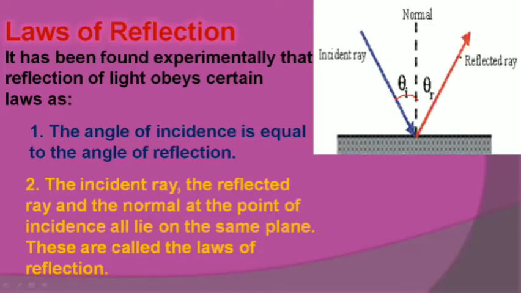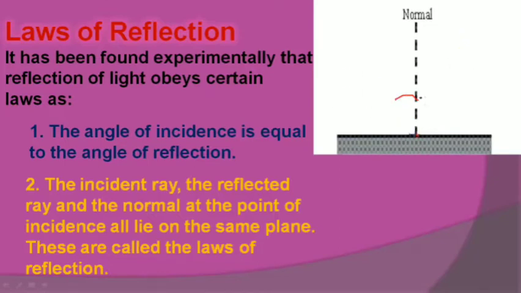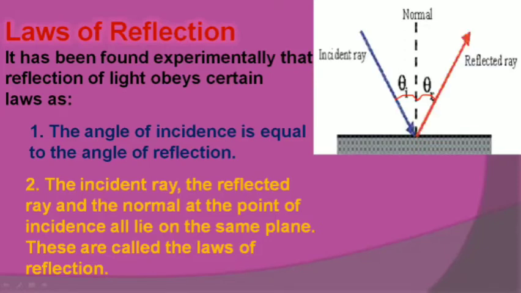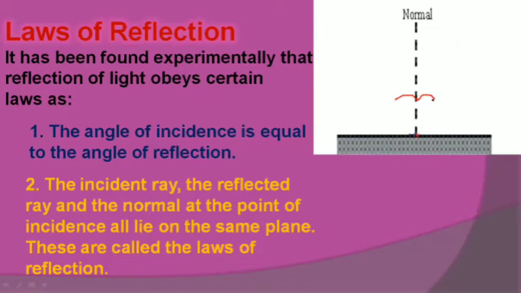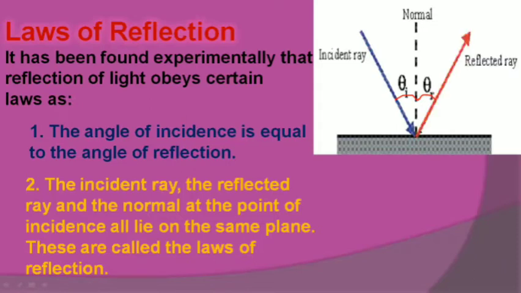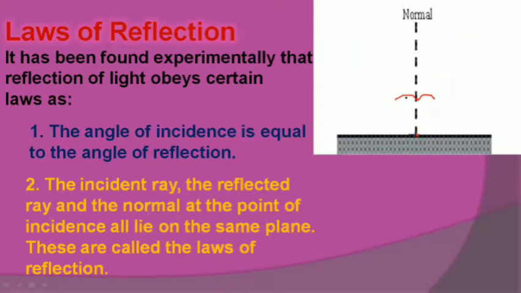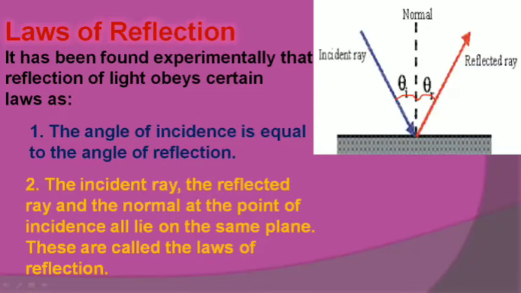When it is reflected, this is the reflected ray, and this angle r represents the angle of reflection. So where the incident ray is falling and the reflected ray is going, this indicates that the angle of incidence is equal to the angle of reflection.